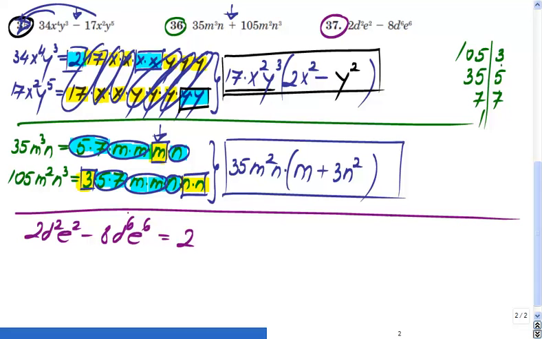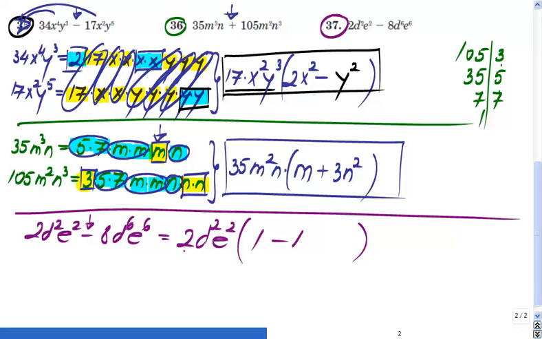Then I have d squared and d to the 6th. Obviously d squared is a factor of d to the 6th, and d squared would be outside. E squared and e to the 6th, I will also have an e squared here. And in the parentheses now, 2d squared e squared divided by 2d squared e squared, because this is going to be my common factor here, would be just 1, minus, because there's a minus right there.